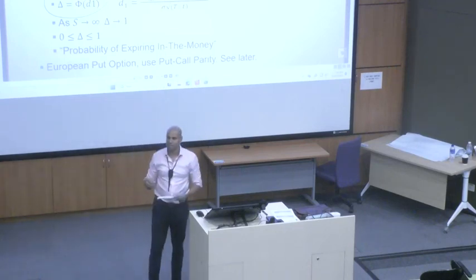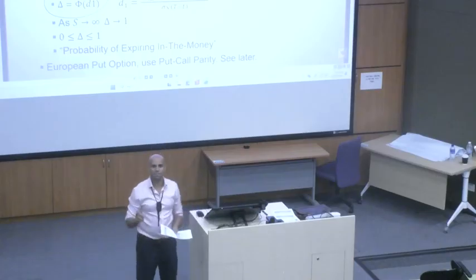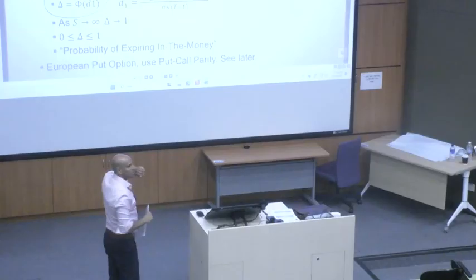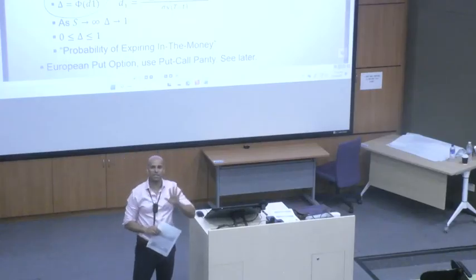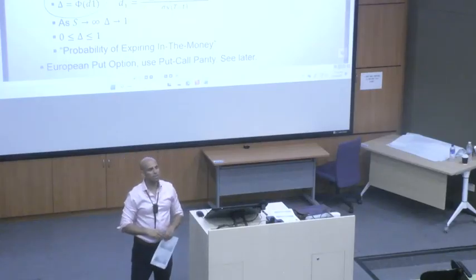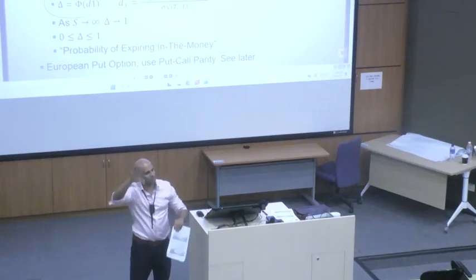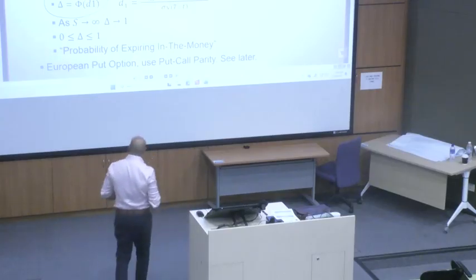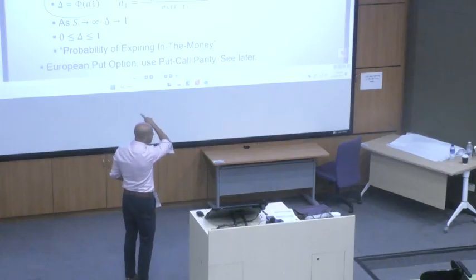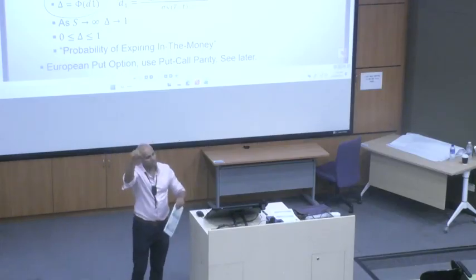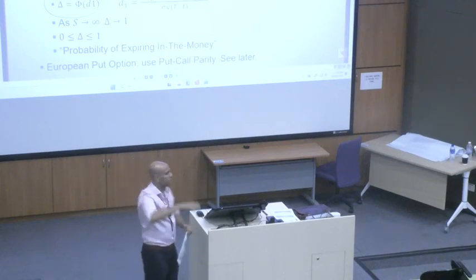It's not exactly N of d1. You saw what it was when we did the derivation last week. There was a term which measured the probability of being beyond K. That was the second term of the derivation, and it was N of d2. And the only difference between d1 and d2 is this sigma term. So that's why this is approximate.